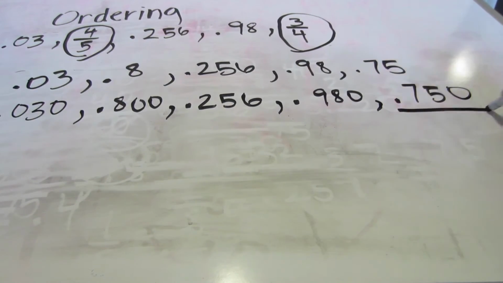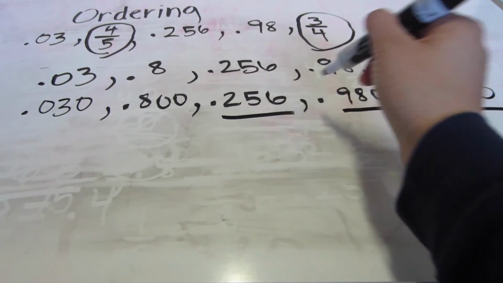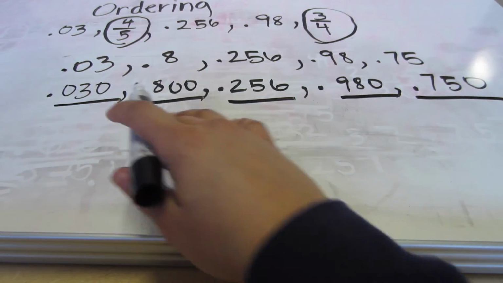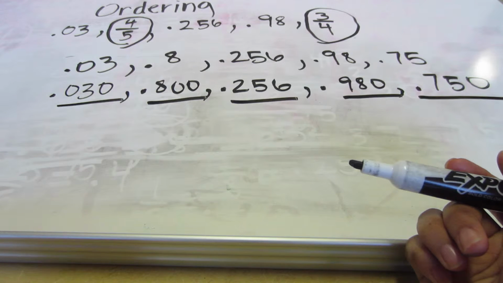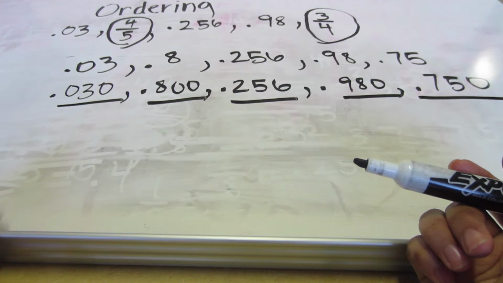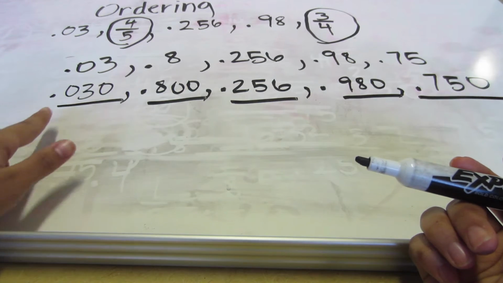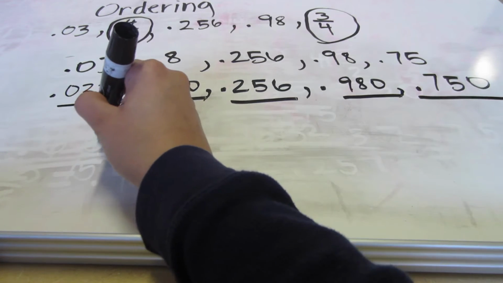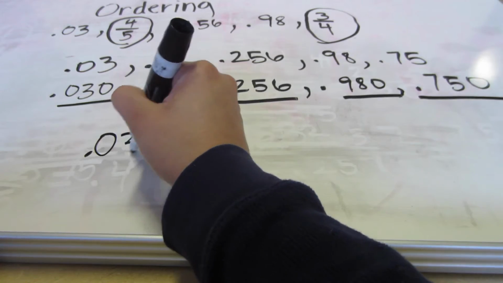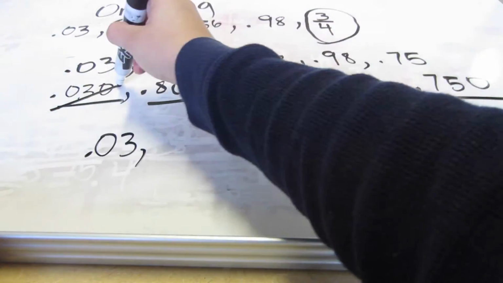So now we can compare them by looking at the numbers after the decimal point. So we're going to put these numbers from least to greatest. So we can begin by looking at the first number. This one looks like it's 0, so that one looks like it's smallest. So we can write 0.03. So that one's gone.